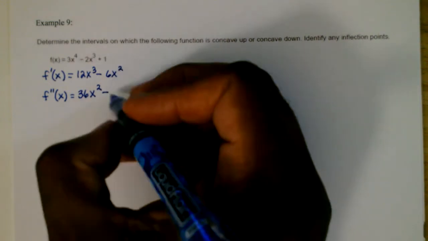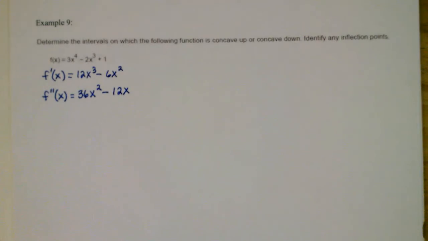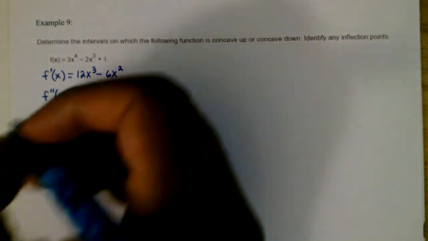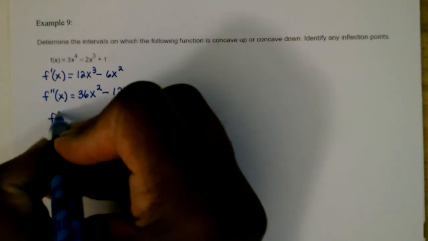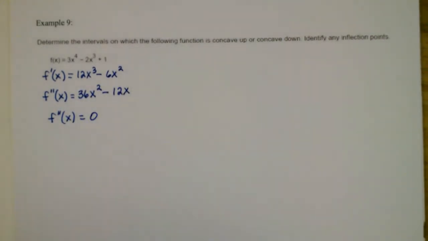We bring the 2 down, multiplied by 6, it'll be 12, copy the x over to the 1 less power. It'll be x to the 1, which is x. So f double prime of x will be 36x squared minus 12x. Now we're going to set f double prime of x to be equal to 0.